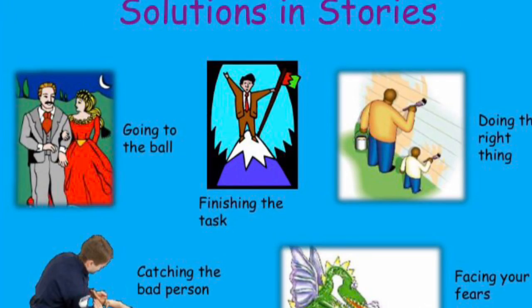Some examples of solutions in stories might be going to the ball, finishing the task, doing the right thing, catching the bad person, or facing your fears. These are some of the solutions to the problems I mentioned earlier. If you thought about different movies you've seen or books you've read, you could probably think of a couple of problems and how they were solved, right?